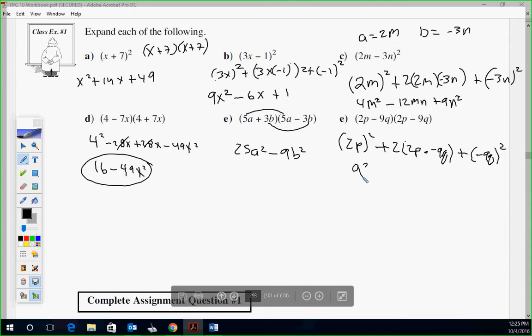The form from above is a squared minus 2ab plus b squared. That's my b. That's my a. That's my 2ab. Okay, so we get 4p squared. Negative 18, so 2 times negative 9 is negative 18, times 2 is negative 36pq. And then negative 9 squared is 81 q squared.